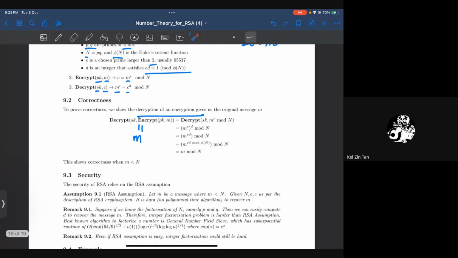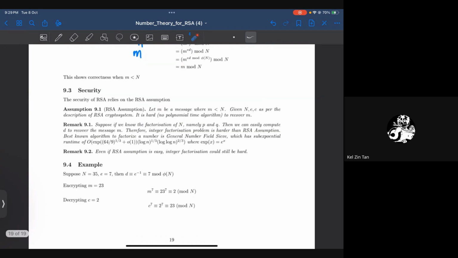So we have m to the power of ed modulo n. And because we know, by Euler's theorem and the corollary that we have, we can just reduce the exponent ed modulo phi of n, and ed is defined to be 1 modulo phi of n. So because ed is 1 modulo phi of n, this is m to the power of 1, so we get back m. So this shows that the algorithm is correct when m is less than n.